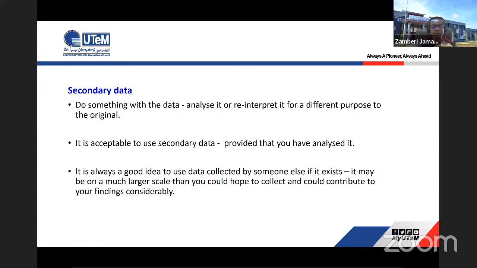And it must be acceptable data. And normally when we do this, we must have the consent from the data keeper, data holder, for us to use those data.